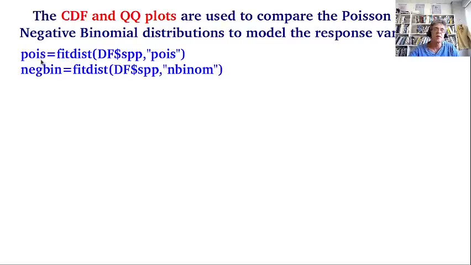That is, it estimates its parameters, and then it fits the negative binomial distribution to this response variable, which implies estimating the two parameters of the negative binomial distribution. With these fits, we can generate the following two plots.